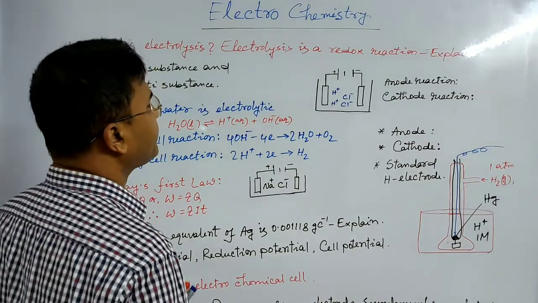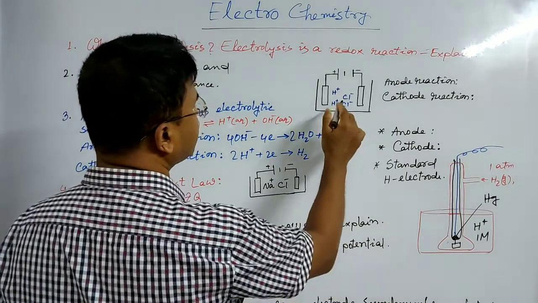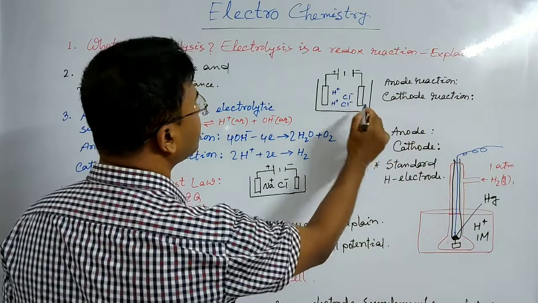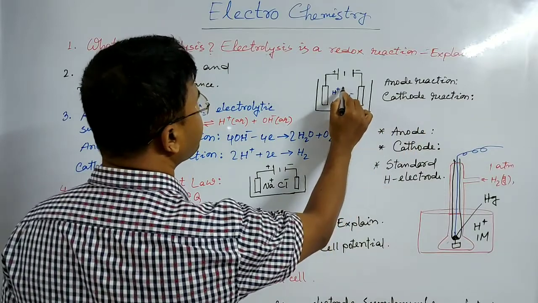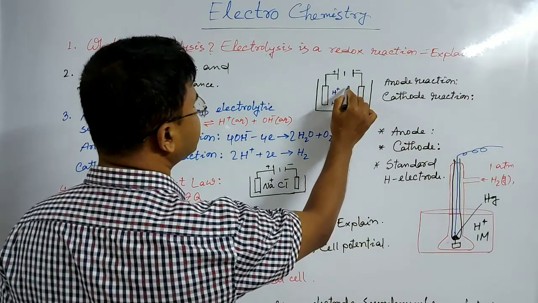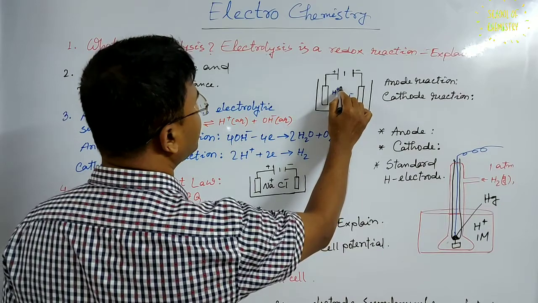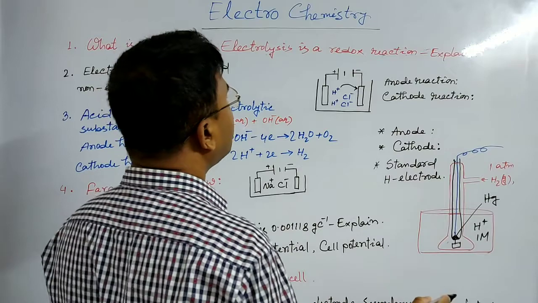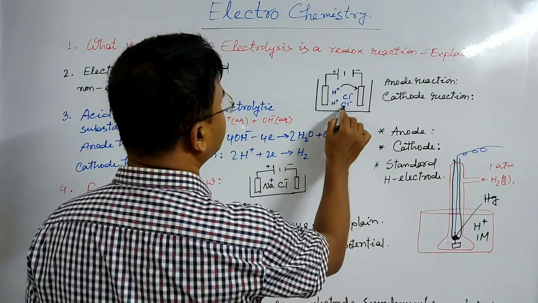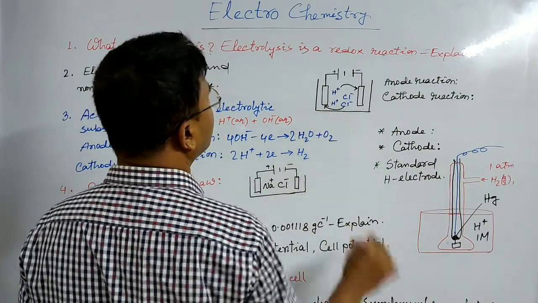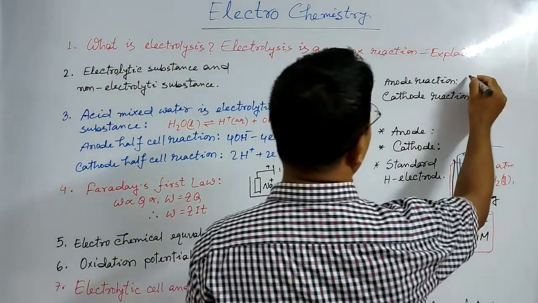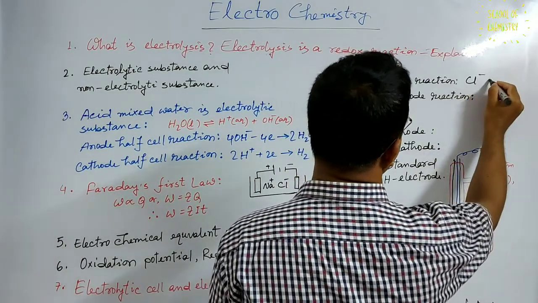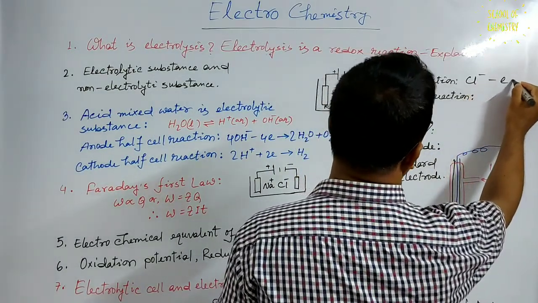If you consider the electrolysis of hydrogen chloride solution, then if you pass electricity through the hydrogen chloride, the positive hydrogen ion goes to cathode and negative chloride ion goes to anode. Chloride ion goes to anode and releases electron to form chlorine gas.